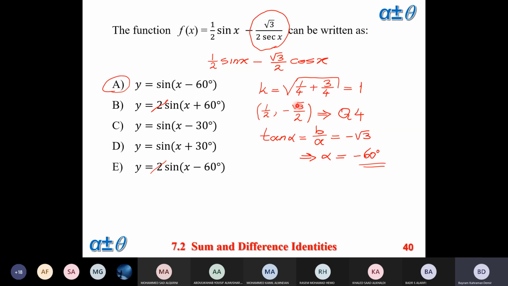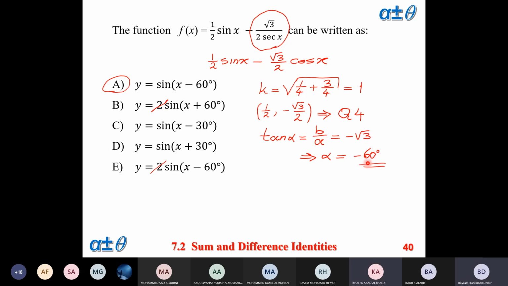So this is the point on the terminal side of alpha. This is in quadrant 4, of course. So tangent alpha is b divided by a. If you divide b by a, Shabab, you will get negative root 3. Now, tangent alpha is negative root 3, then what is alpha?